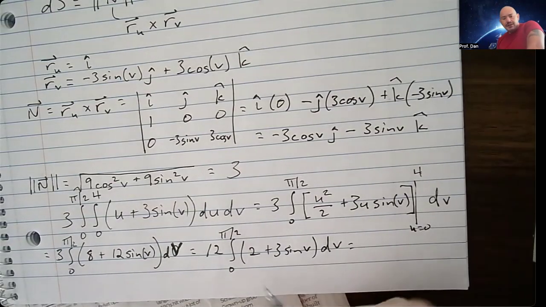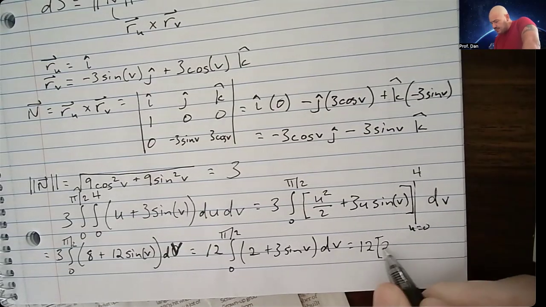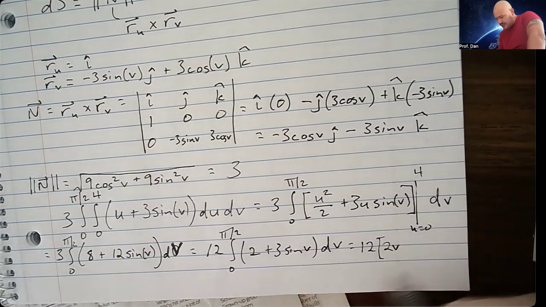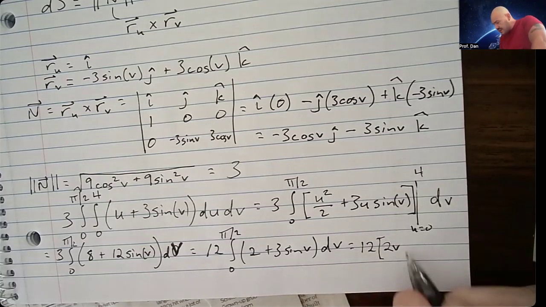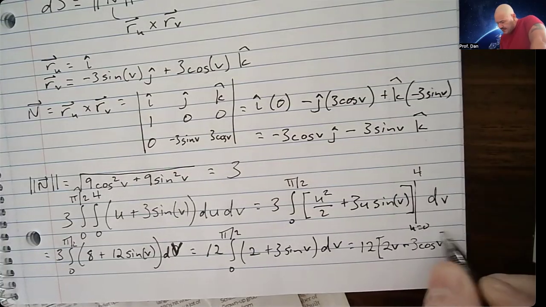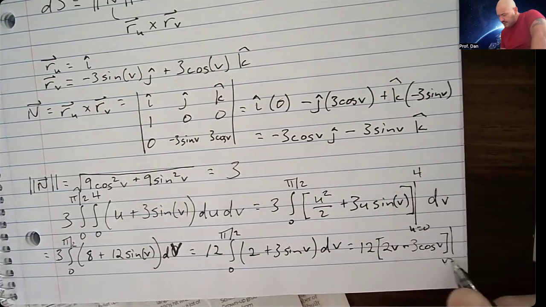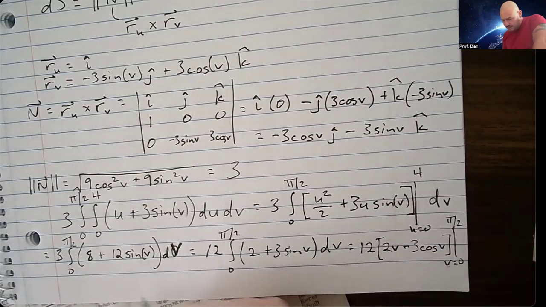And now I take my integral with respect to v. So I get 12 multiplied by 2v. Antiderivative of sine is negative cosine. So minus 3 cosine v. Evaluated from v equals 0 to v equals pi over 2.